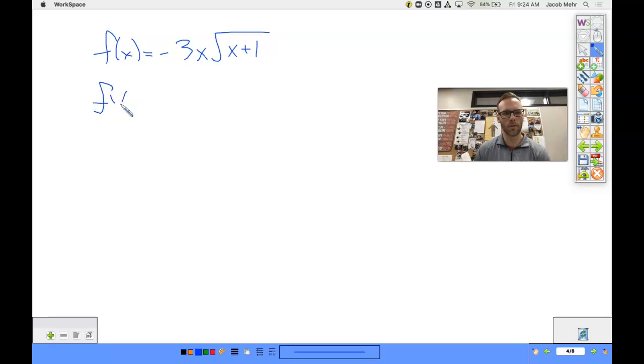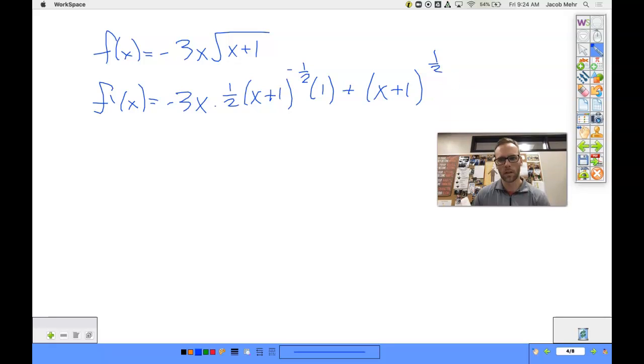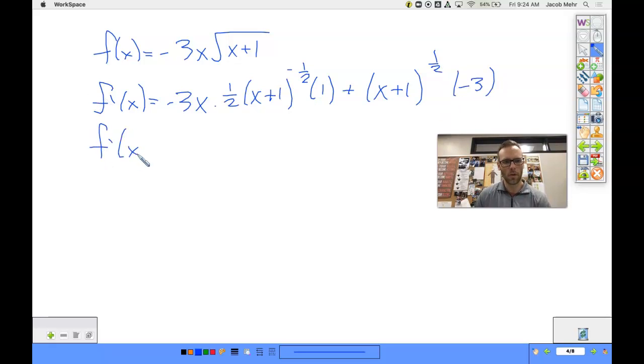Let's take the derivative. Product rule: first, times the derivative of the second, chain rule, plus the second times the derivative of the first. I am going to factor out an x plus 1 to the negative 1/2.